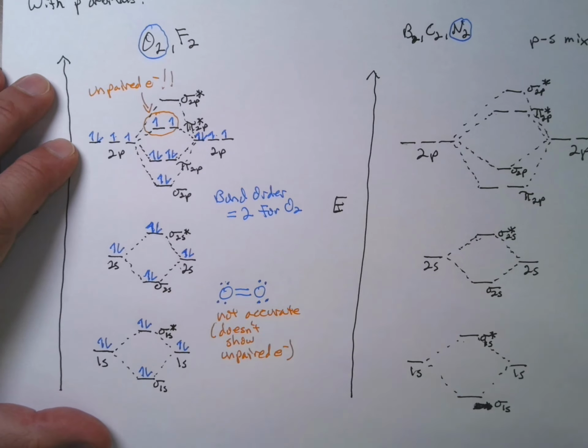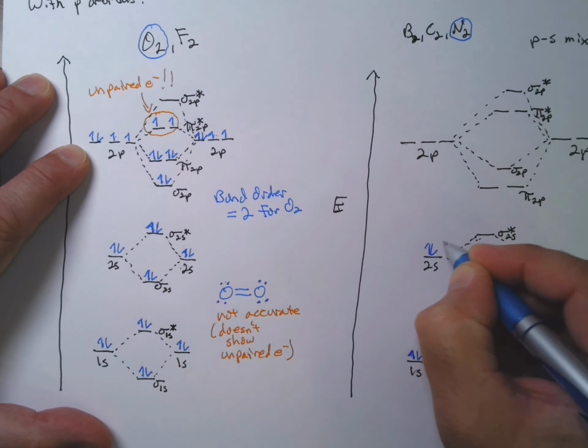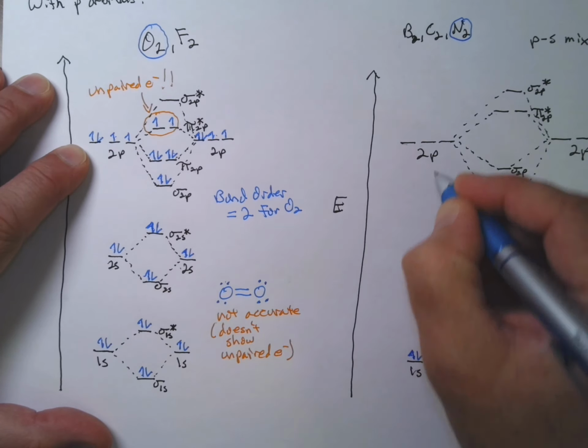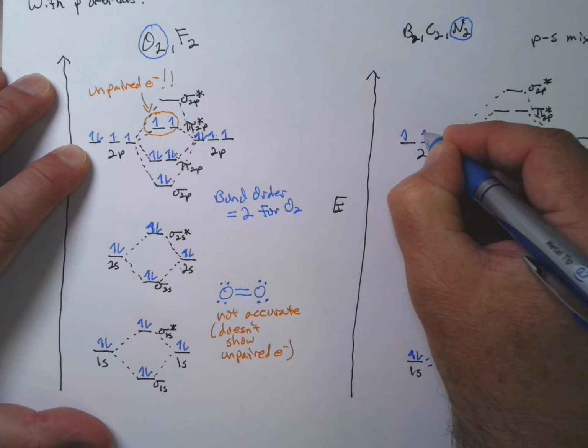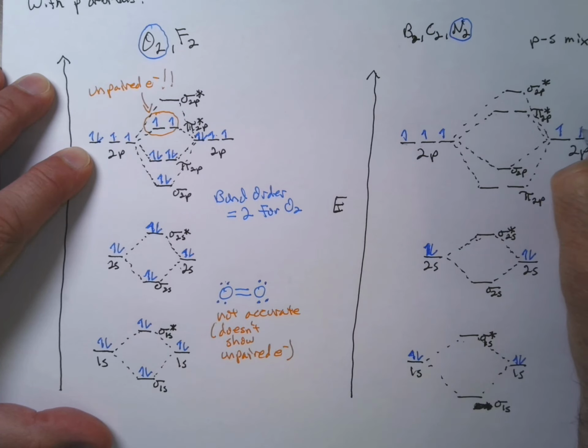So let's fill this in for nitrogen. Nitrogen has a total of 7 electrons, so 1, 2, 3, 4, 5, 6, 7, for each atom.